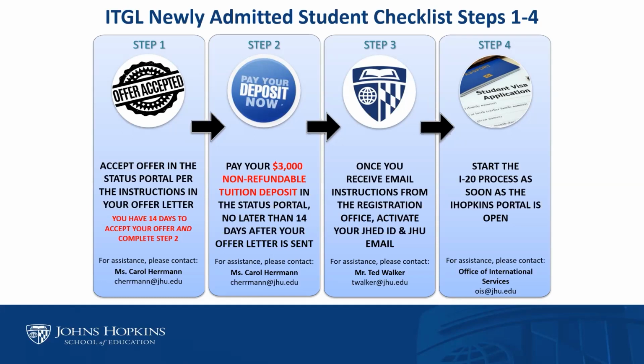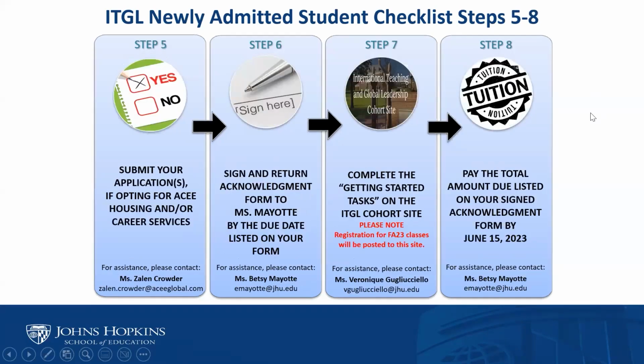So you really need to have the JHU email active, and you need to be reading your JHU email so that you don't miss important information from all the offices around the university that are here to support you. And we can go ahead and move to the next slide that lists, thank you, steps 5 through 8.